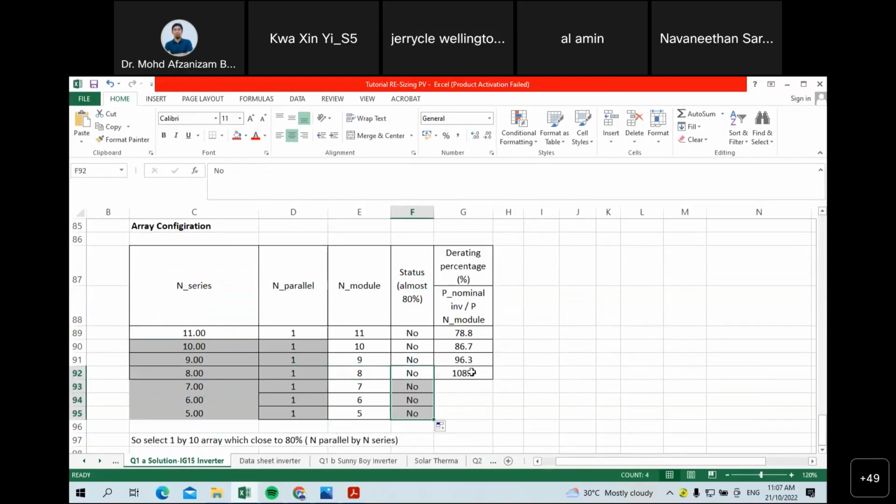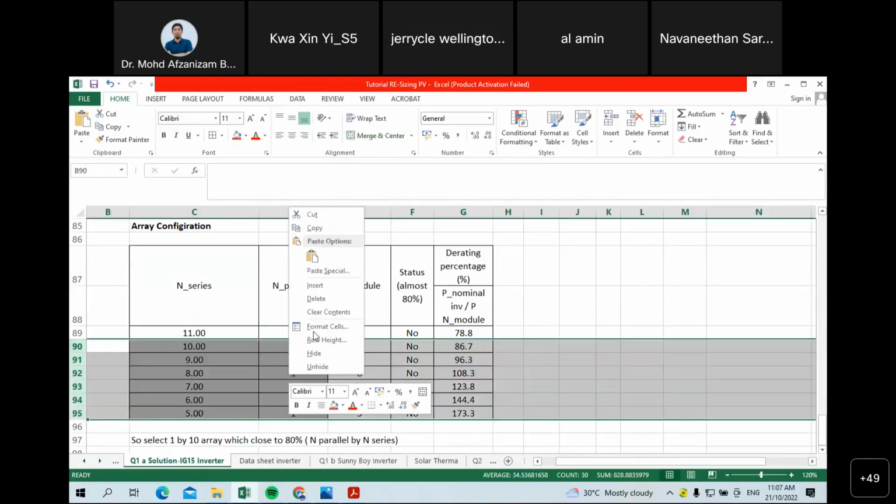So far, to tabulate this table, do you guys understand? Okay, so far so good. And then guys, after that, let's say we obtain this n series from the calculation and the parallel from the calculation. So we try to hide this one first, to make it easier to look at.